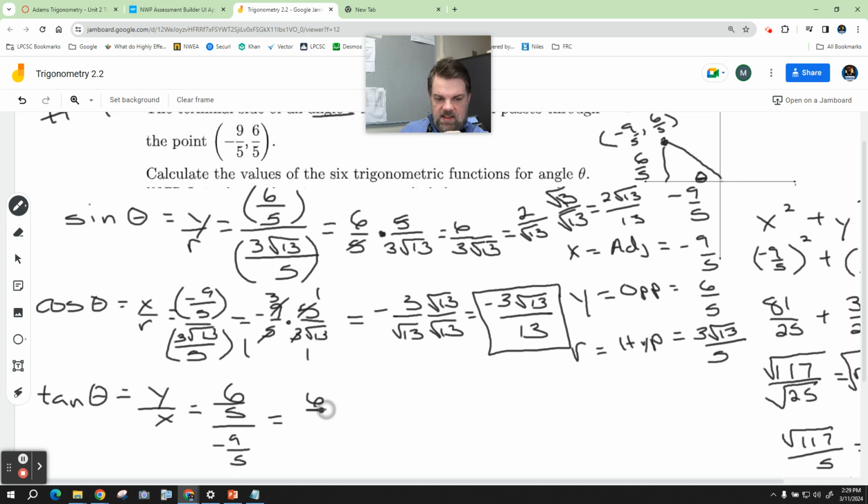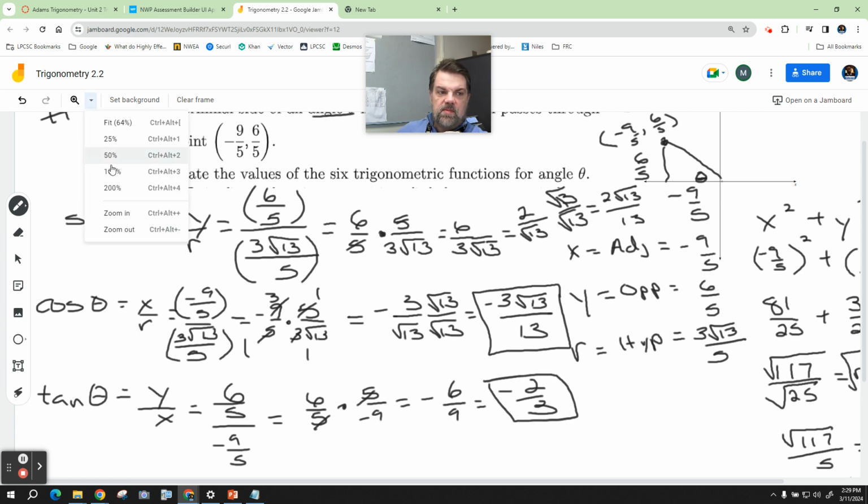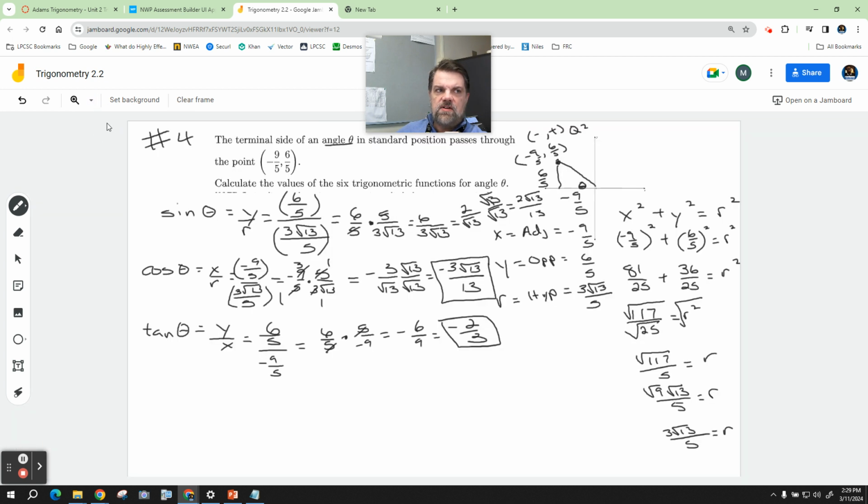That's the same as 6/5 times 5 over negative 9. The 5s cancel. I get negative 6 over 9, which reduces down to negative 2/3. And then I'll let you guys do the remaining 3, but they're just the reciprocals of those. You just have to make sure that you rationalize the denominators and whatnot. Okay?